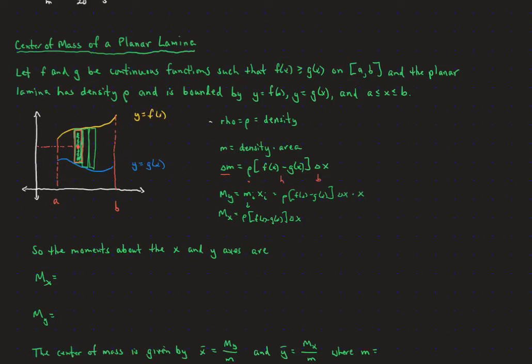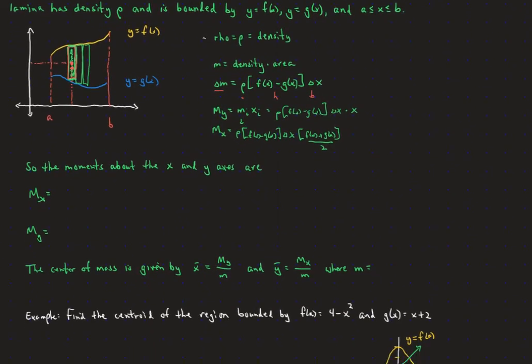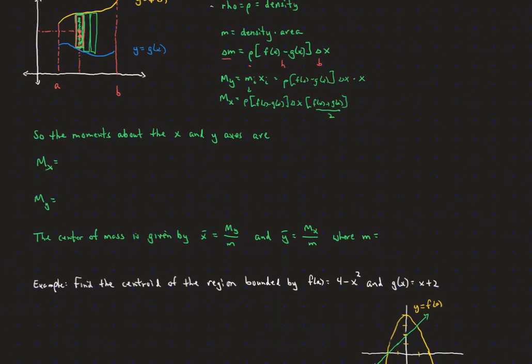But now, since we're putting this point right in the middle of our rectangle, our distance from the x-axis is going to be the average of the y values at f and g. So that average is f of x plus g of x divided by 2. That's going to be our distance from the x-axis. Kind of crazy.